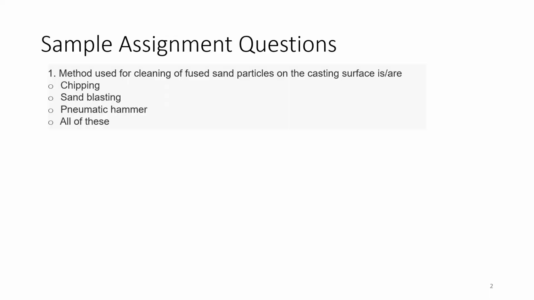Okay, so the first question is: the method used for cleaning of fused sand particles on the casting surface is or are, and your options are chipping, sand casting, pneumatic hammer, or all of these. For cleaning of the fused sand particles, all of these processes are used.